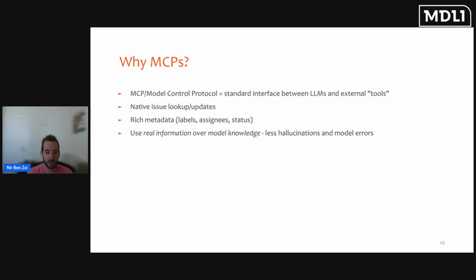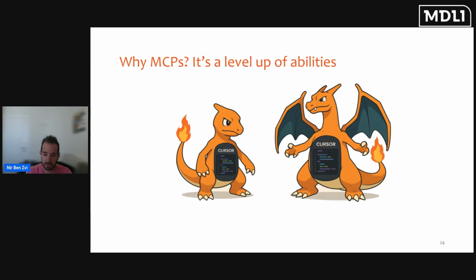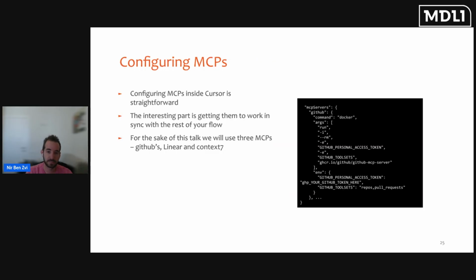And also, it uses real information over model knowledge. So it has fewer hallucinations and general model dumbness. It's a level up of our abilities and of Cursor's abilities. It's simply a better and more improved way.